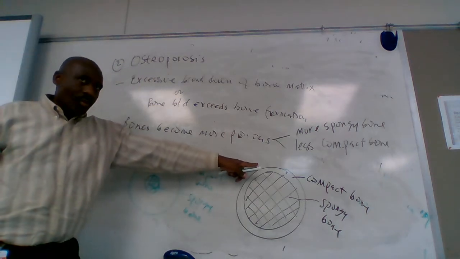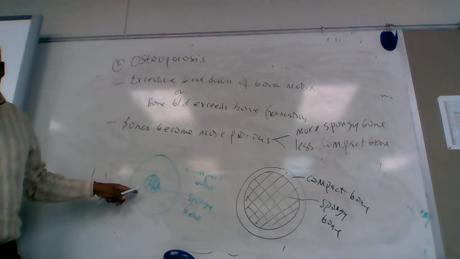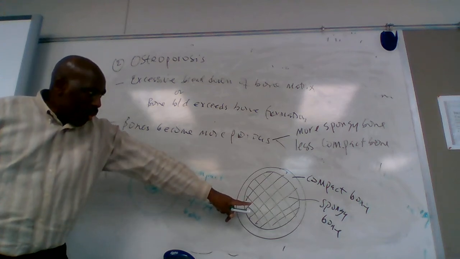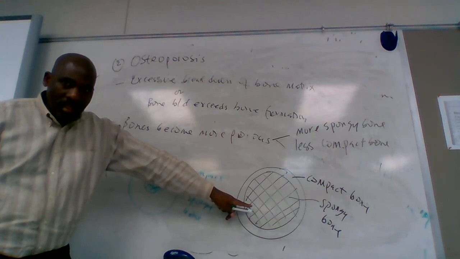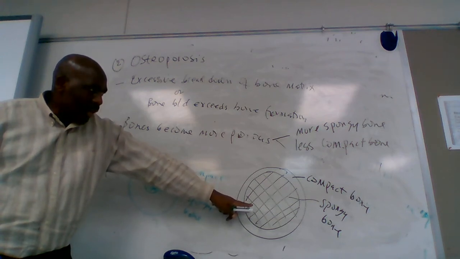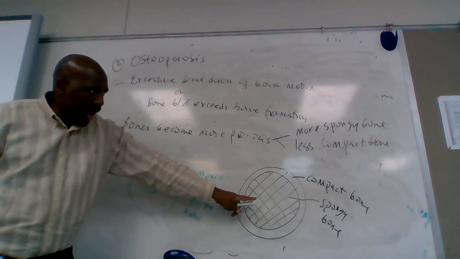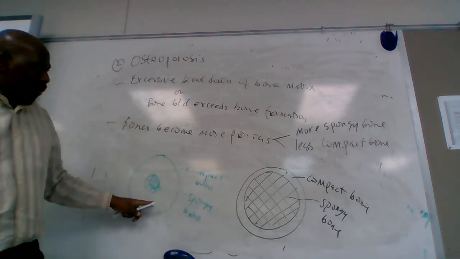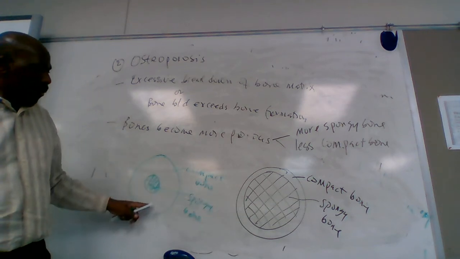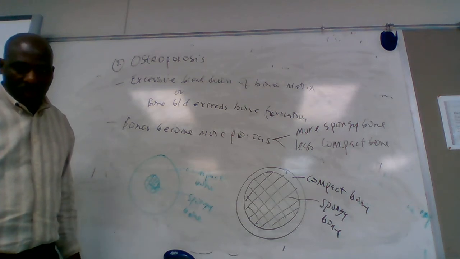This is a case for osteoporosis, and this is a case for a normal bone. Now, if your bone has a larger proportion of spongy bone, it can fracture easily. Bones with a higher proportion of compact bone are resistant to fracturing.